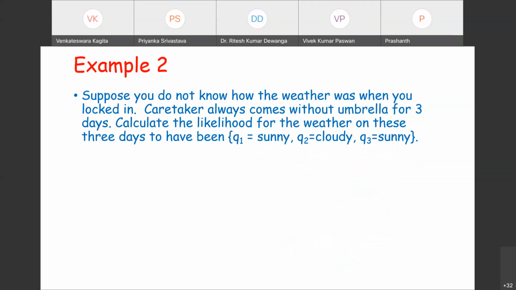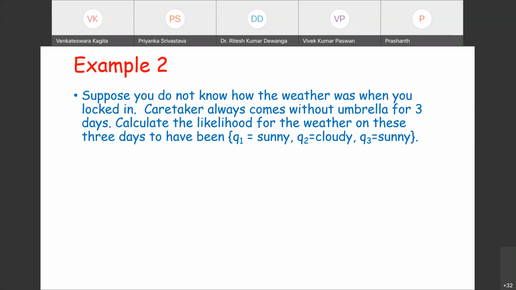Second example. Suppose you do not know how the weather was when you logged in. So the first day weather you don't know. Caretaker always comes without umbrella for 3 days. Day 1 weather you don't know. And 3 days caretaker brought an umbrella.